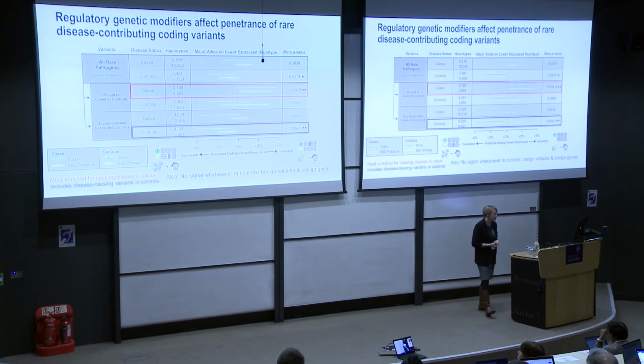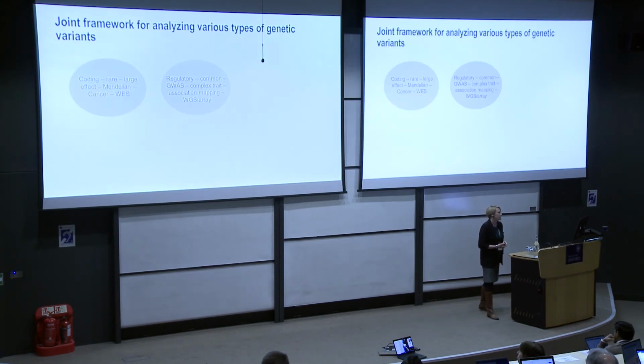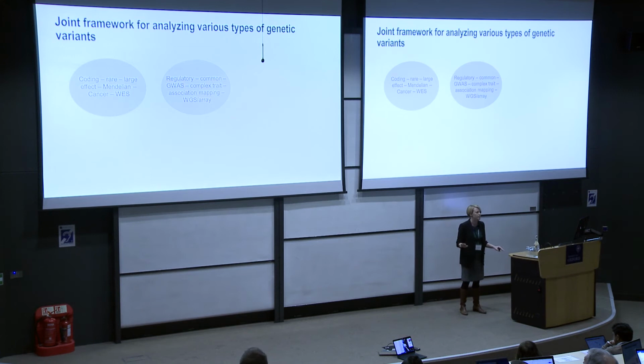So in general, what we have coming from these analyses is an integration of two different types of genetic variants that are typically analyzed by two very different communities using very different technologies and methods.